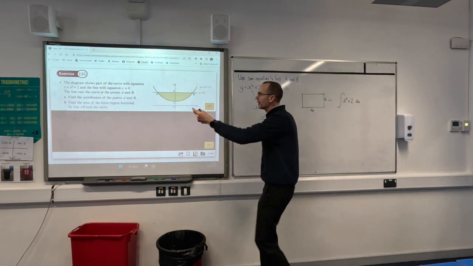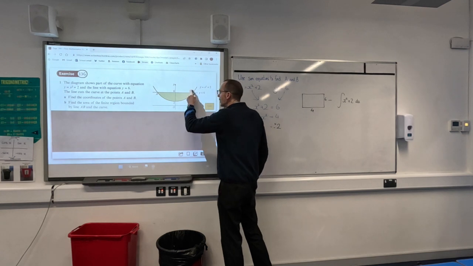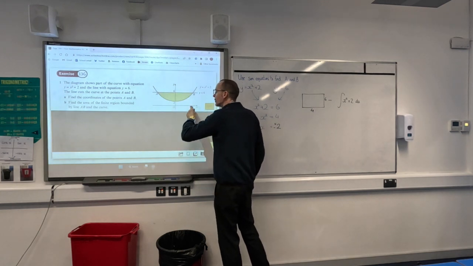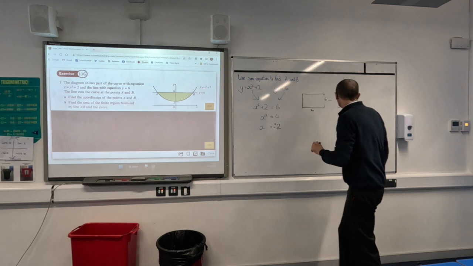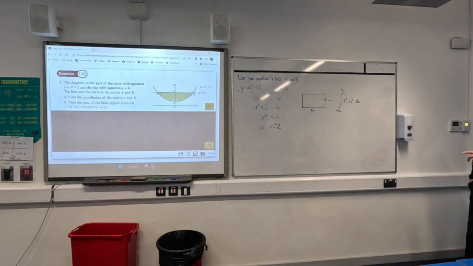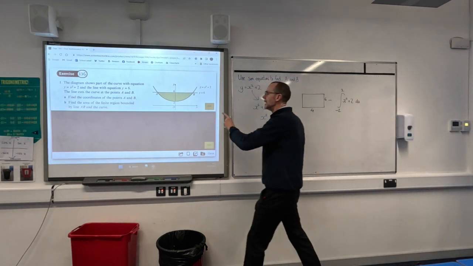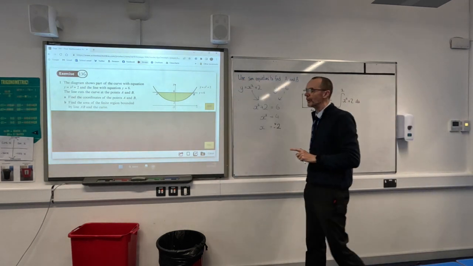So the area of the rectangle is here. From that I need to subtract the area under the curve between those 2 points. So I need to work out the area under x squared plus 2 between -2 and +2. So the rectangle minus the area below the curve leaves me with the yellow area.